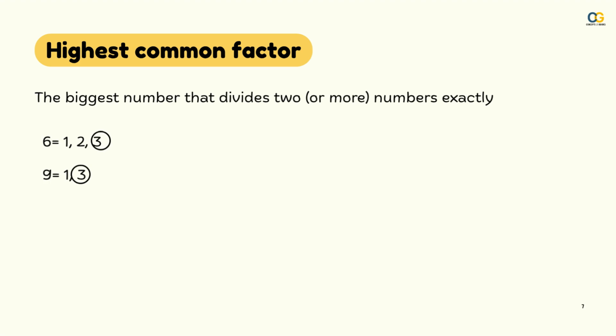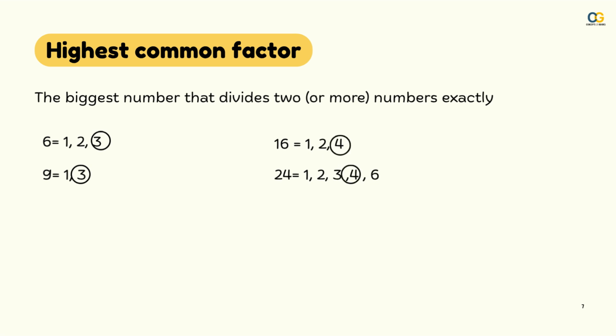Hence, we could make 3 groups in the previous case. Similarly, let's take 16 and 24. For 16, the factors would be 1, 2, 4. And for 24, it would be 1, 2, 3, 4 and 6. The highest common factor here is 4.